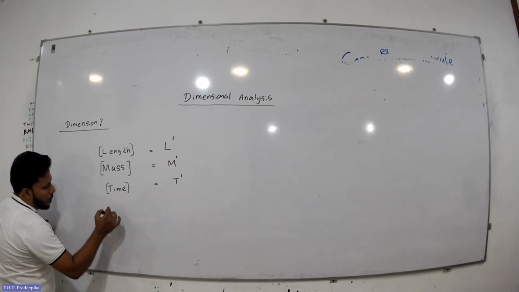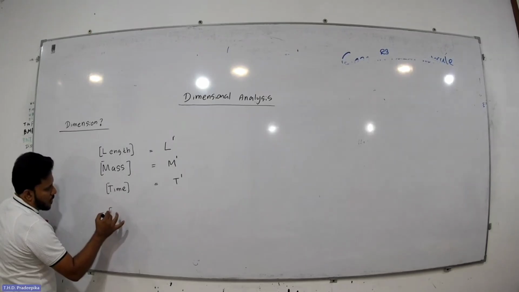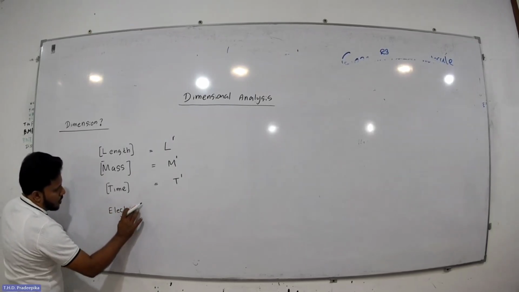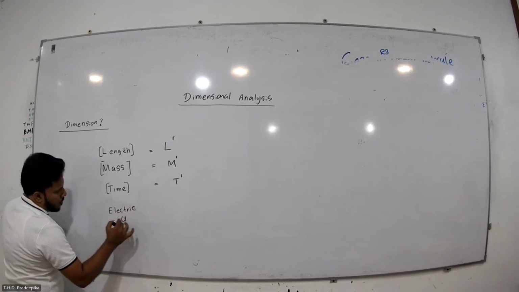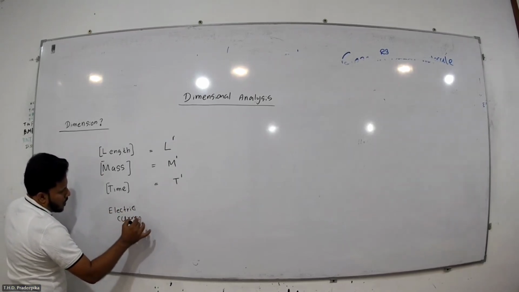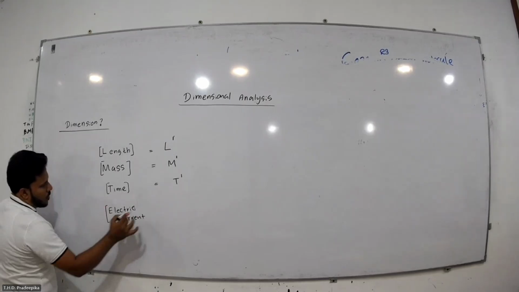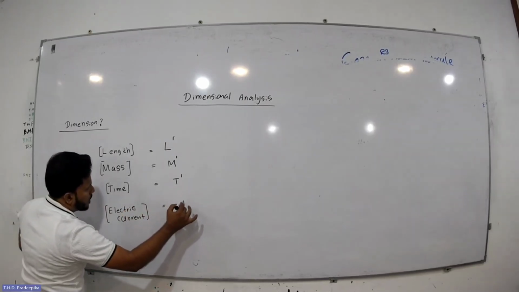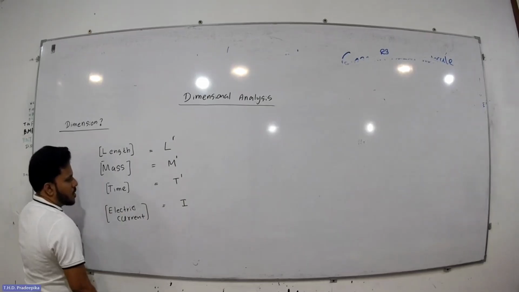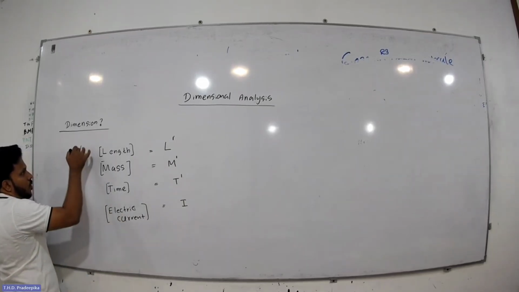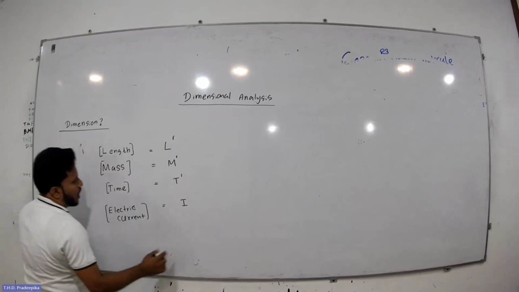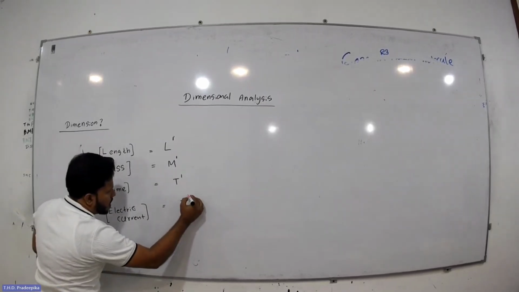Other than these three, we also use electric current. We use capital I. In some books they use capital A for amperes, but we use capital I here, and the dimension is 1.